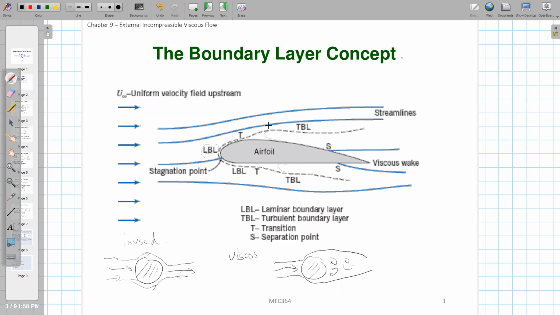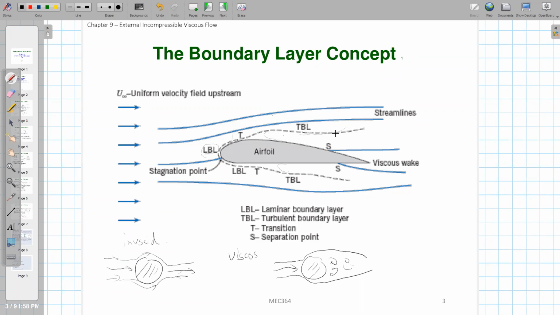The dashed line distinguishes the flow into two regions. The outside is the free stream, the inside is the boundary layer flow. The thickness of this boundary layer also keeps changing.